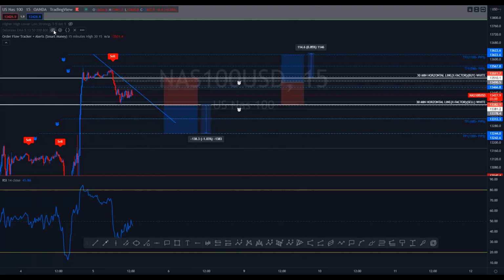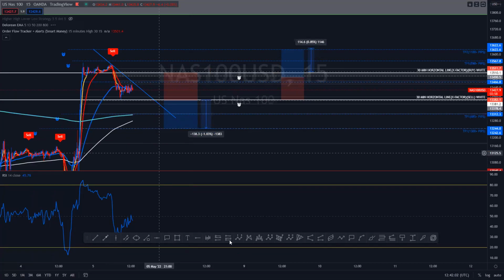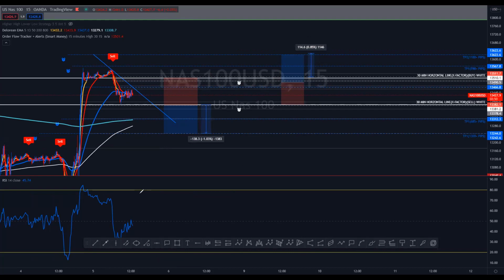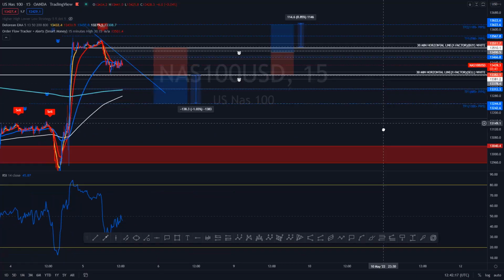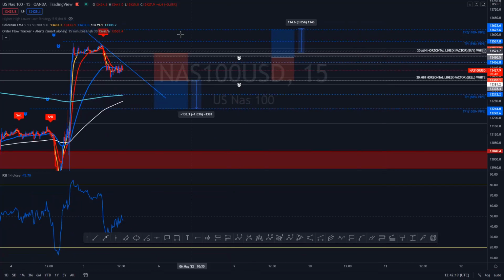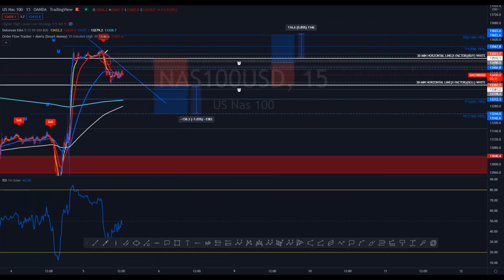So now the very next thing we're going to do is turn on the Delorean EMA indicator. This is an indicator that I use to have extra confirmation on top of my market structure analysis. So basically, anytime the yellow EMA crosses the red EMA, usually that's a sign for either a strong candle or a strong trend, like this bearish trend here.